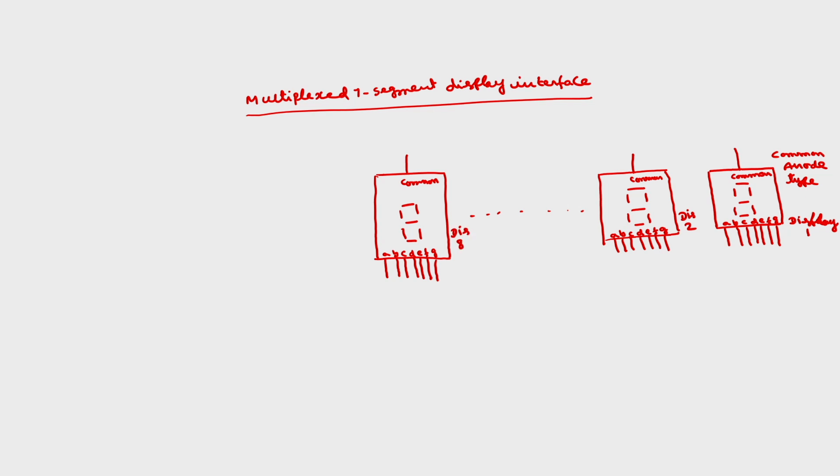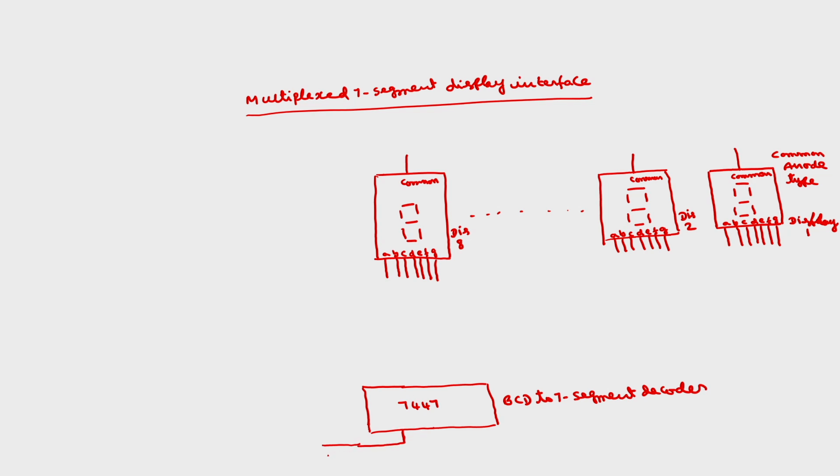I will take one 7447, which is called the BCD to 7 segment decoder. The input BCD value will be given by the port, this is the BCD input.